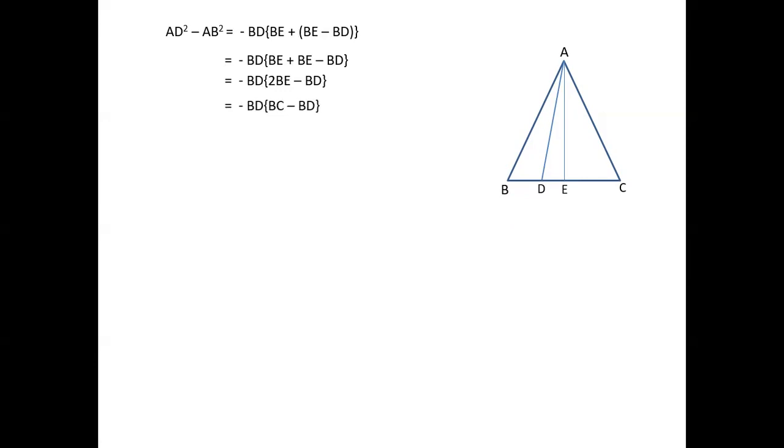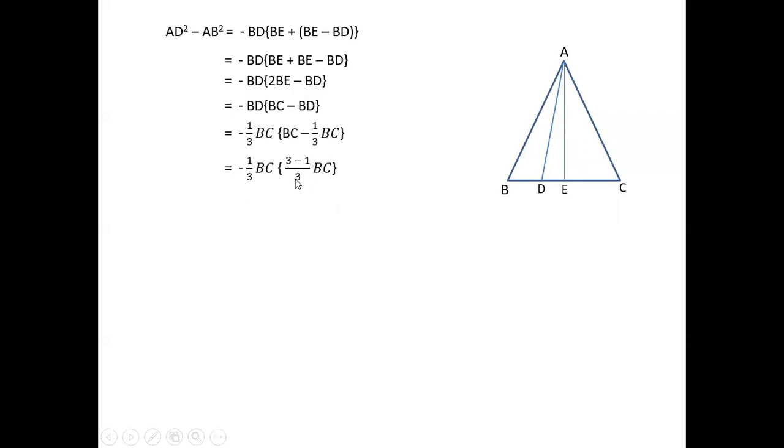Let's put in the values. We are given BD is equal to 1 by 3 BC. BC minus BD is BC minus 1 by 3 BC. Taking the LCM, 3, it becomes (3 BC minus 1 BC) upon 3, which is 2 upon 3 BC.